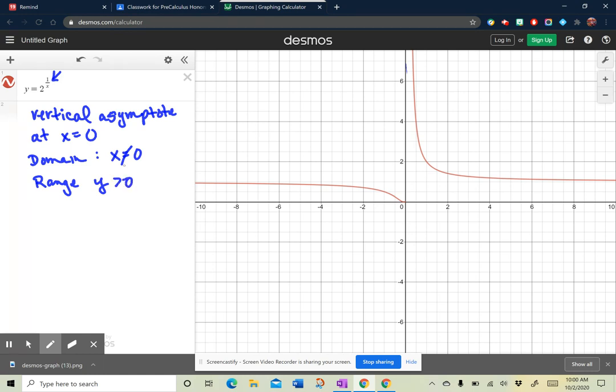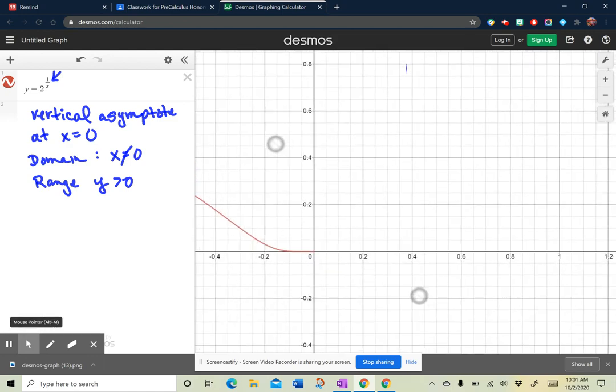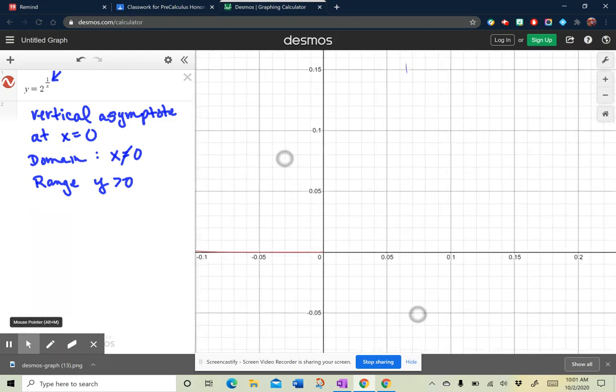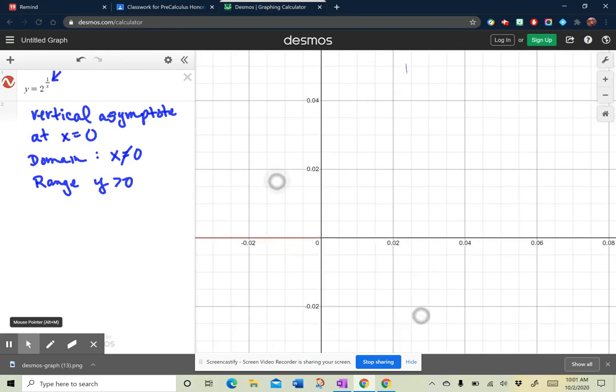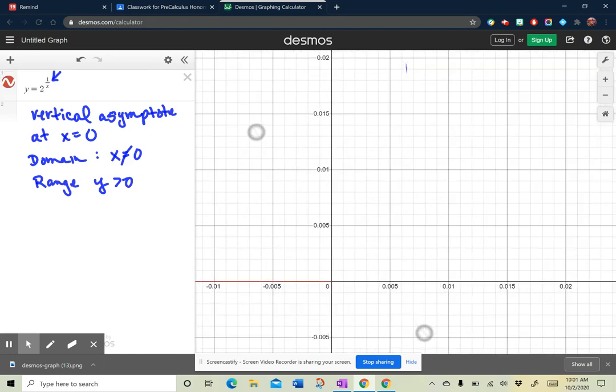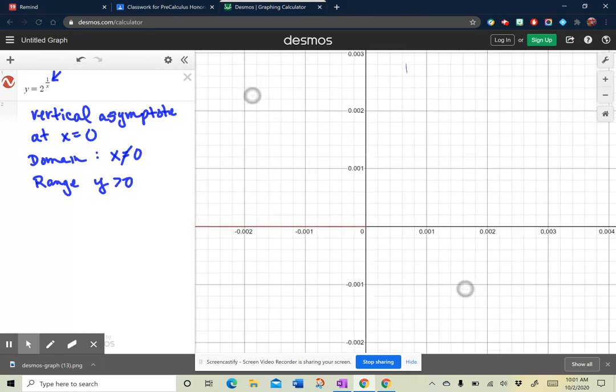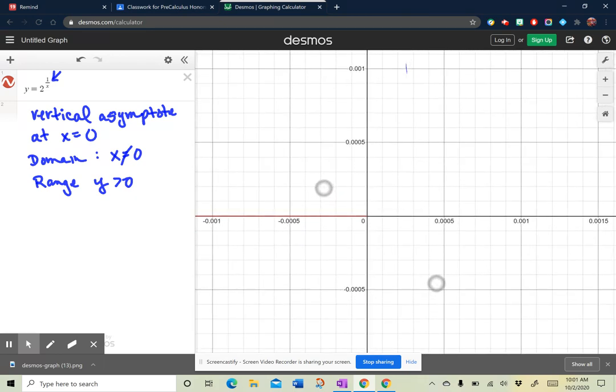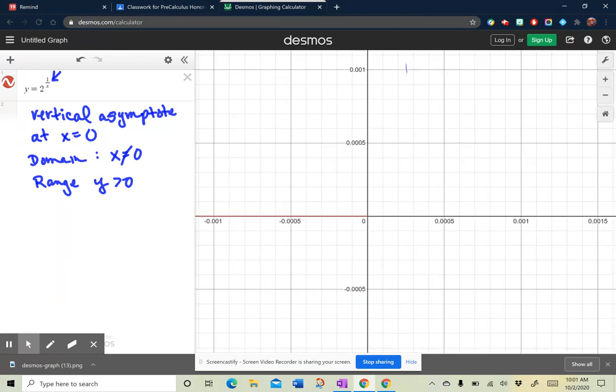Now, you got to be careful with some of these graphs because if we zoom in, there we go. That's a cool thing about Desmos, you can really zoom in. It's still telling us that it's there, but we know it's not because we can't divide by 0.